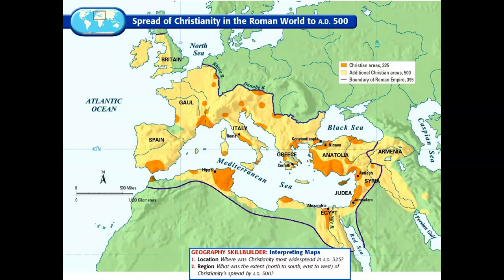Christianity differs, one, because some of the practices are very different. It is focused on monotheism, so one God rather than a pantheon of gods. And there also is a strong belief in life after death in Christianity, and some in the Roman Empire found this to be incredibly threatening.